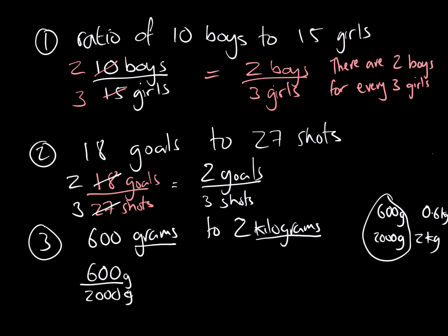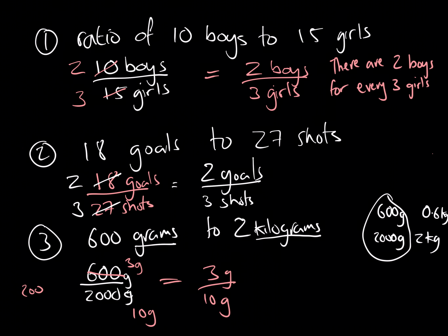Now, how can we simplify this? We can use the greatest common factor of 200, and that will say that there are 3 in 600 and there are 10 in 2000. So that is 3 grams over 10 grams.